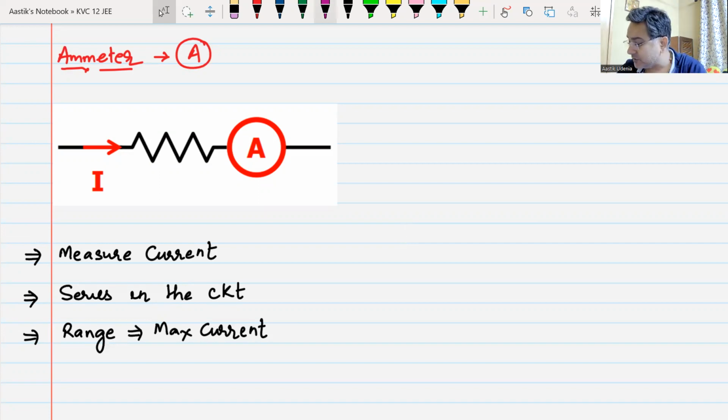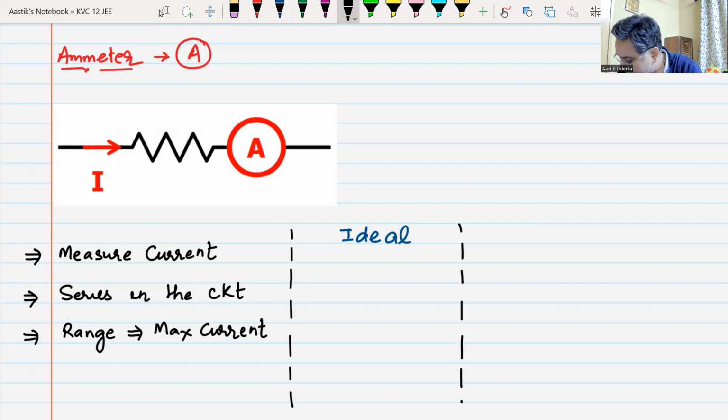Now whenever we talk about ammeters, we might come across two types of ammeter. One is known as an ideal ammeter. Obviously no one is ideal, and the second one is known as the real ammeter, or the ammeter which is normally available. What is the difference between an ideal ammeter and a real ammeter?